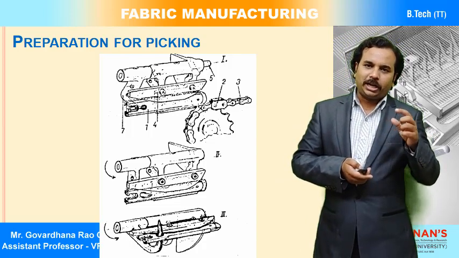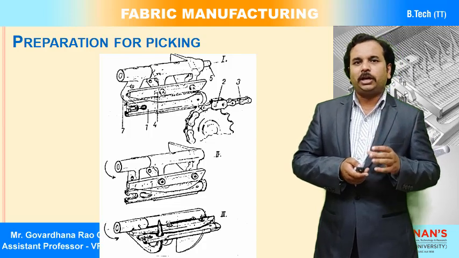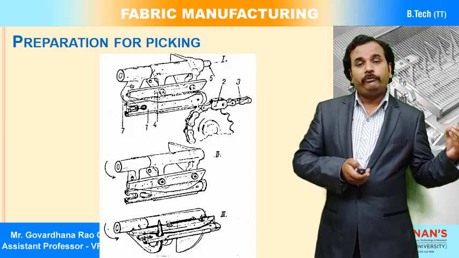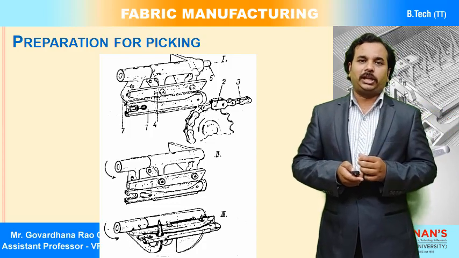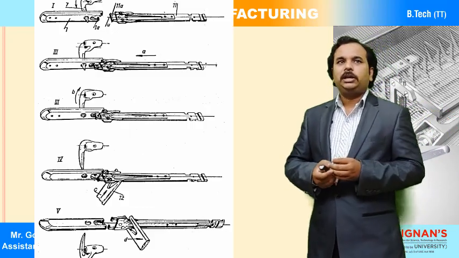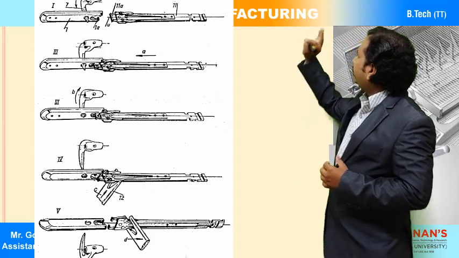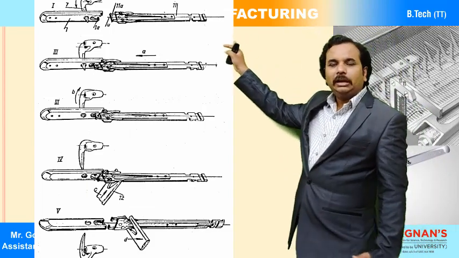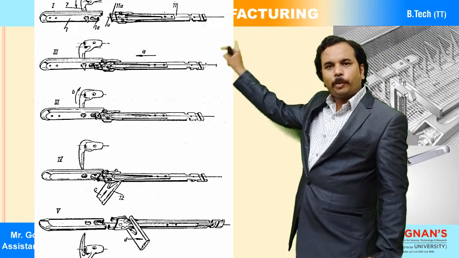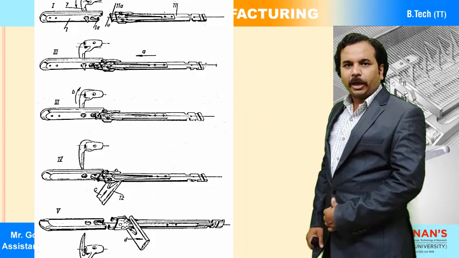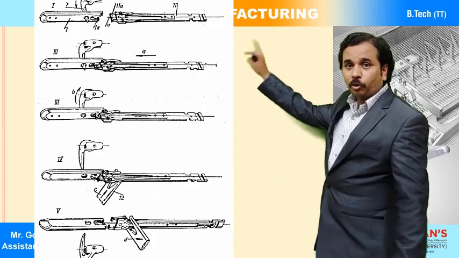Now your projectile is ready to take or hold the weft yarn into the projectile grippers. You can observe that there is a projectile feeder and a projectile opener, and the projectile is opened with the help of the projectile lifter and projectile opener mechanism.